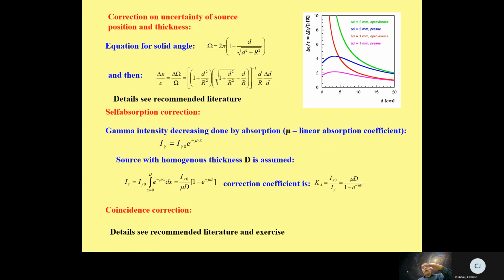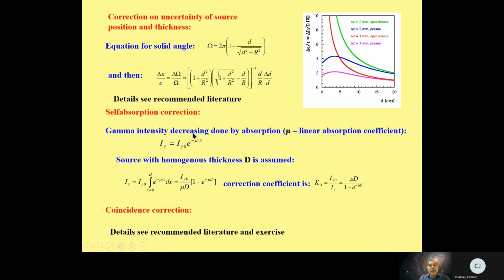That means some gammas go through the whole thickness of the foil before running to the detector. If the energy of the gamma is small, the cross-section of the photo effect is high, so there is a big probability of absorption.